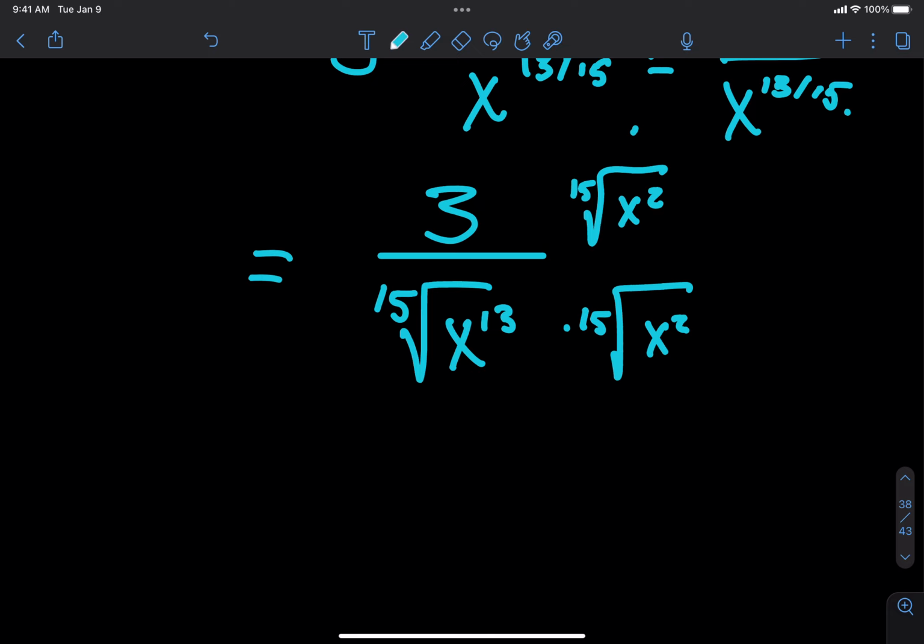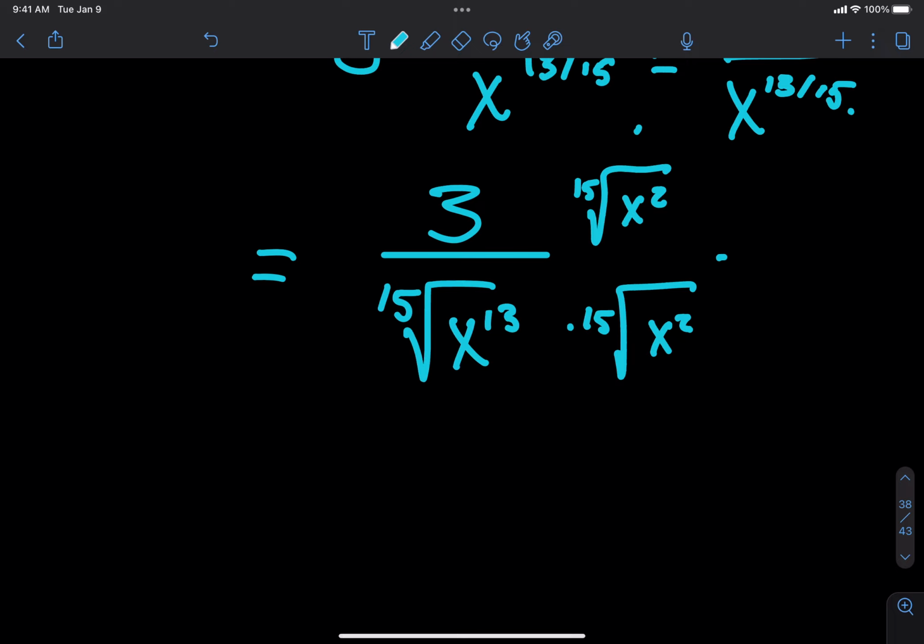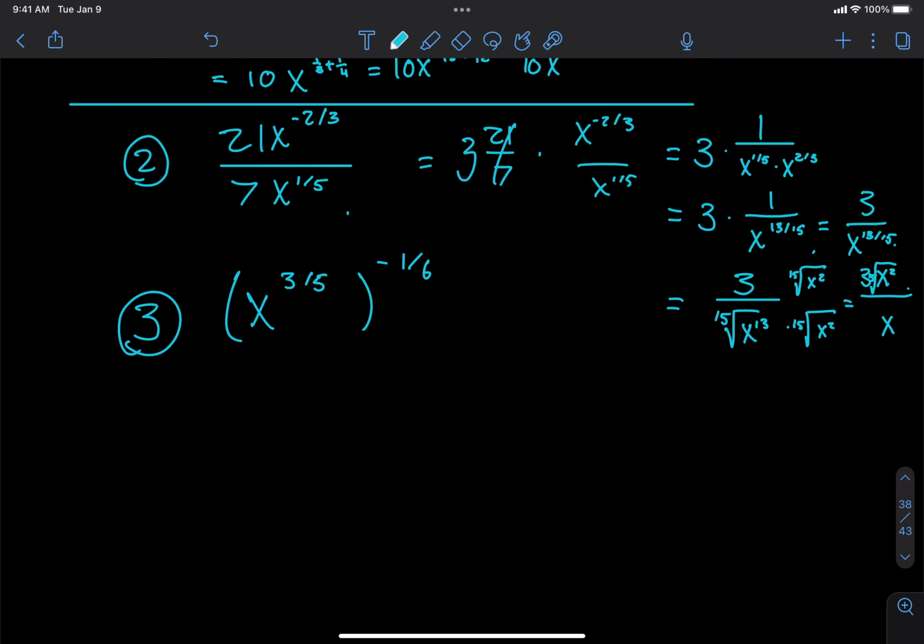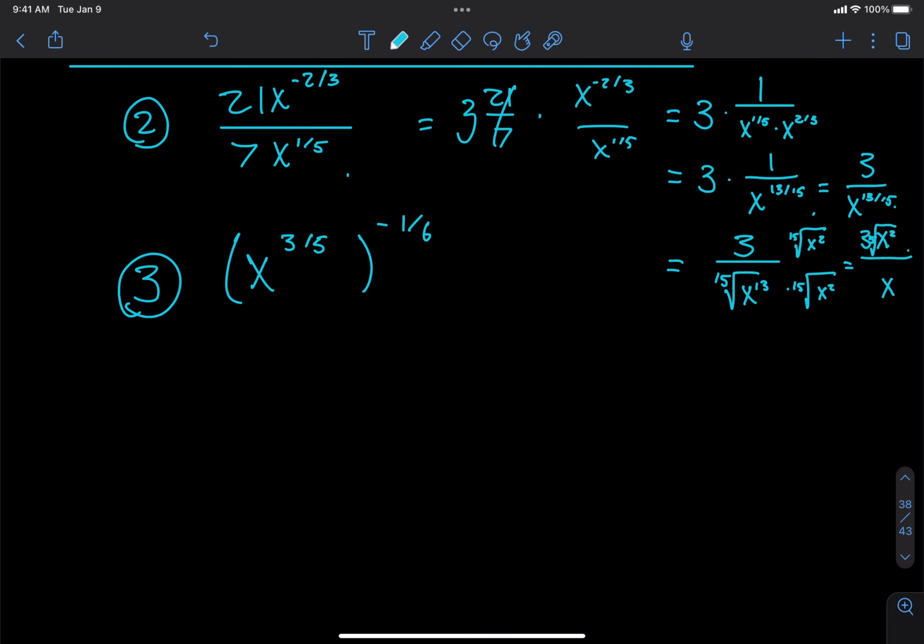So I would get in the bottom just x. And in the top, I have 3 times the 15th root of x squared. You're right. Technically, we should rationalize that denominator. Very good, Connor. Okay. Final questions on this one before we start the quiz?